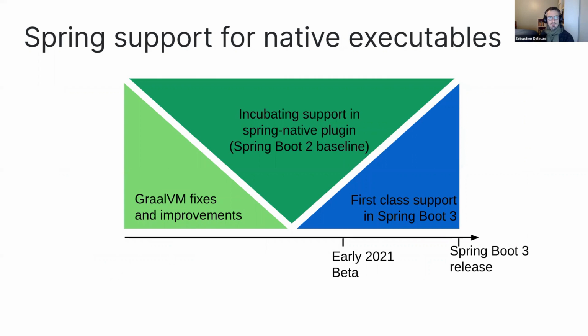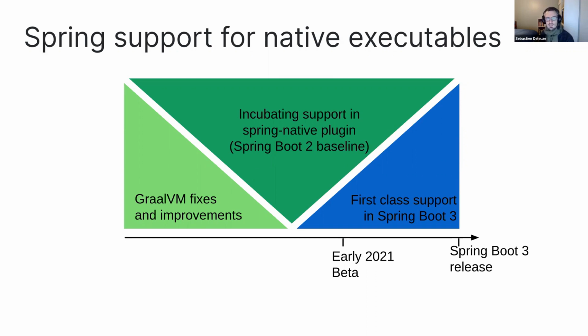So in terms of support for Spring, we have collaborated with the GraalVM team to fix a lot of GraalVM bugs that now allow running Spring correctly, because Spring is using a large part of the JDK, and the GraalVM native image compiler was too young and not mature enough to run everything. Nowadays, we are fine.